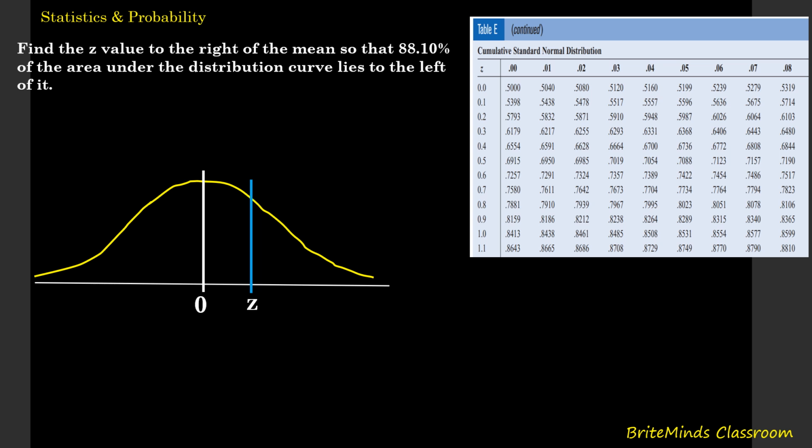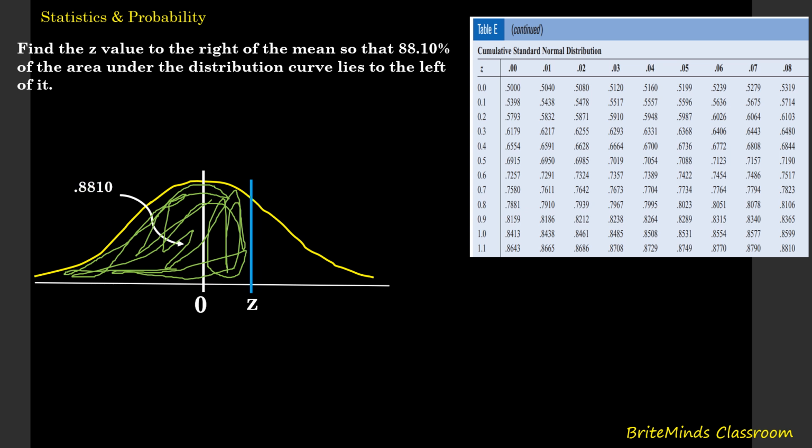So I'm going to shade the area to the left of z. So this is our area, equal to 88.10%.